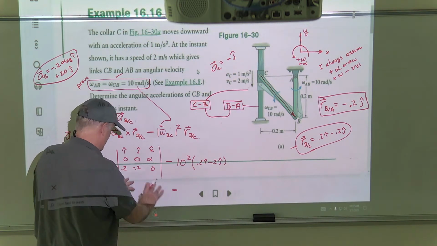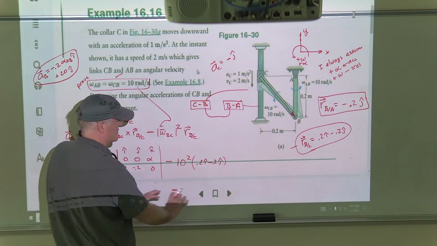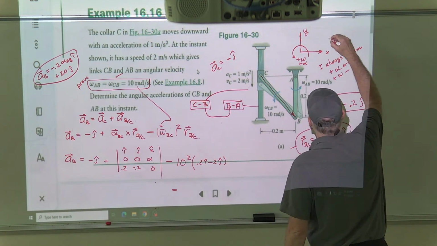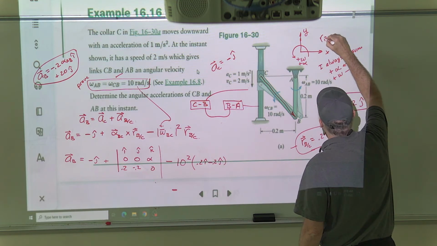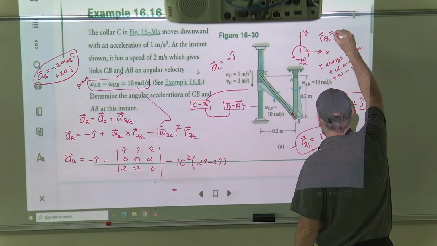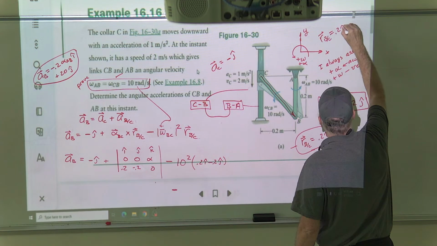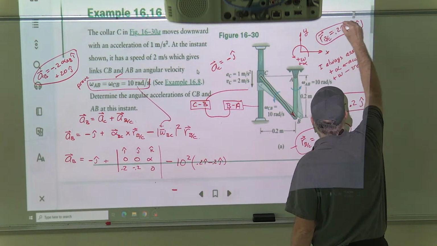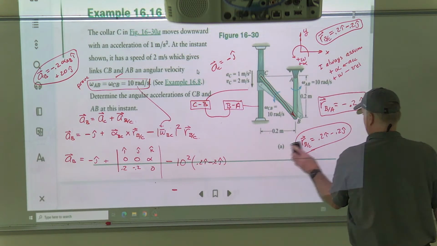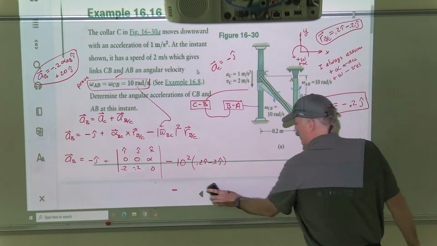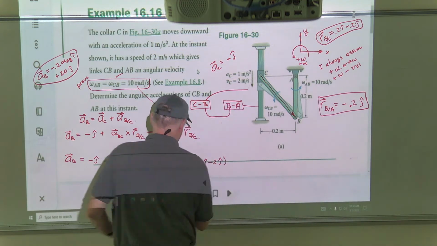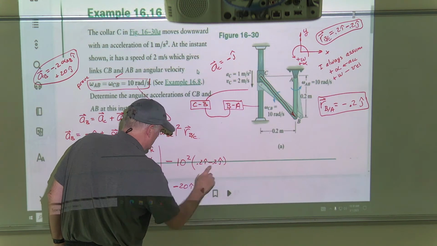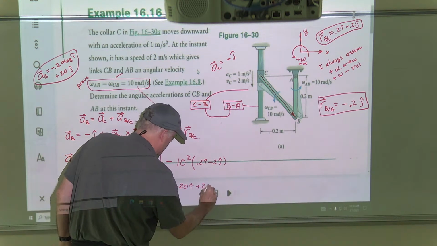And I'll just figure out how to fit it in here, and then the results I'll put right over here. So if I'm going to do that, I'm going to move this out of the way. I'm having limited board space here. Okay, so now I know that's 100, and that's going to break it down to 20i, and those two will go together and be 20j.